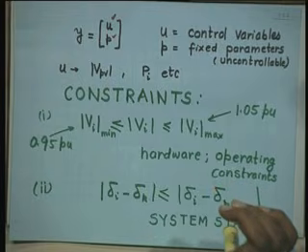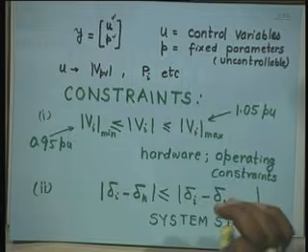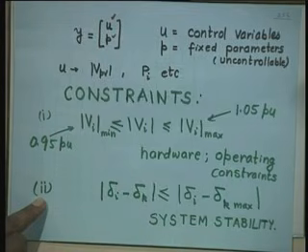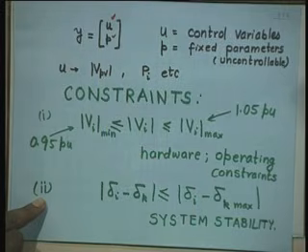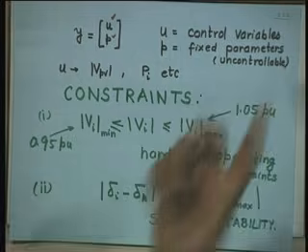Like in a class when it happens, then you have to ask him politely, would you please leave, because he is uncontrollable and you can't afford to have the rest of the class suffer because of that one element. In IIT, of course, no such thing happens. As I told you, what can be u? An example of control variables: voltage at a PV bus. You want to keep it fixed. How do you keep it fixed? By controlling it.